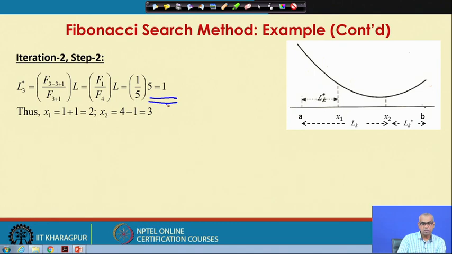So, x 1 is 1 plus 1, 2, and x 2 is 3. A was 1, B was 4. Note that this point was also present in iteration 1. So, effectively we have to evaluate the function only at this point x 1 equal to 2.